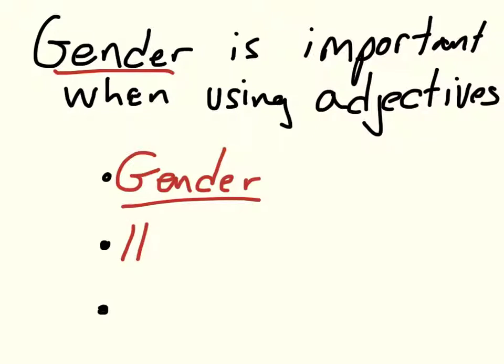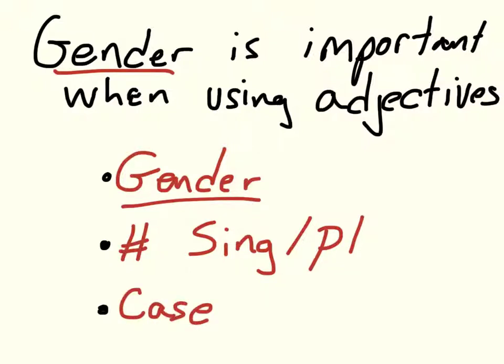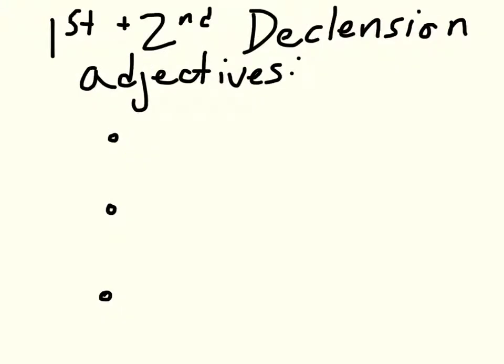It also needs to show the same number, which is whether it's singular or plural. And finally, it needs to show the same case. So if the noun is being used as a direct object in the accusative case, the adjective needs to be showing that same case. So that's why gender is really important for us when we're learning about nouns.